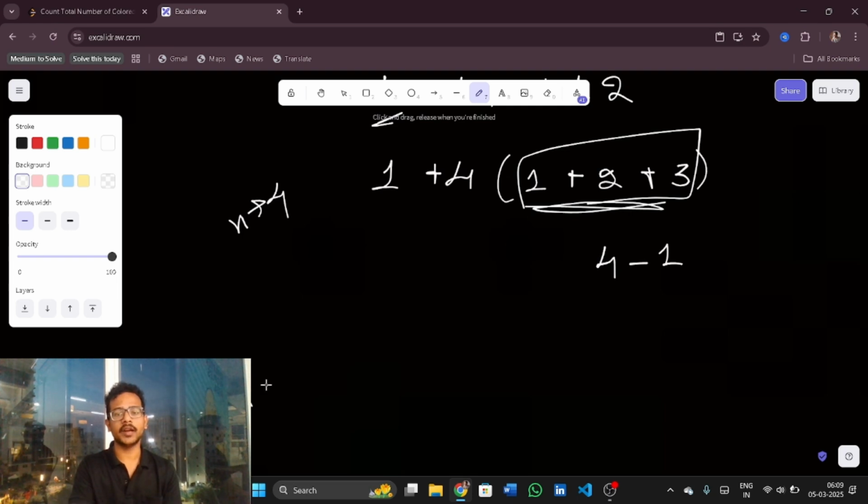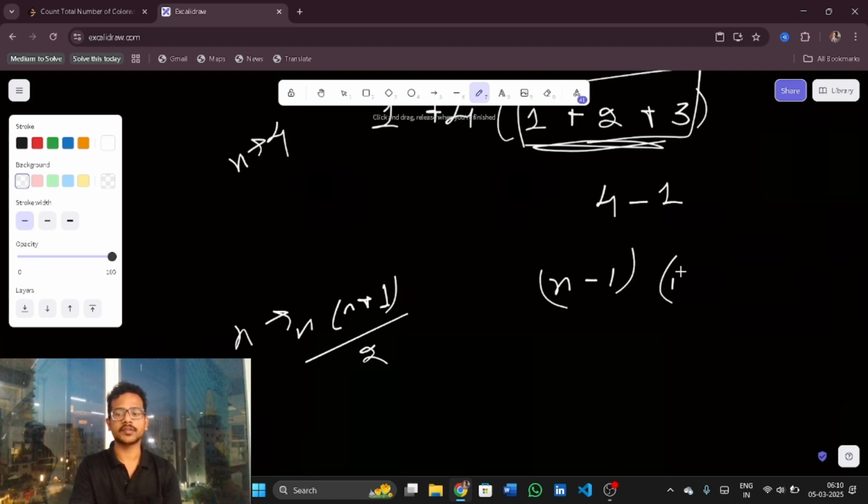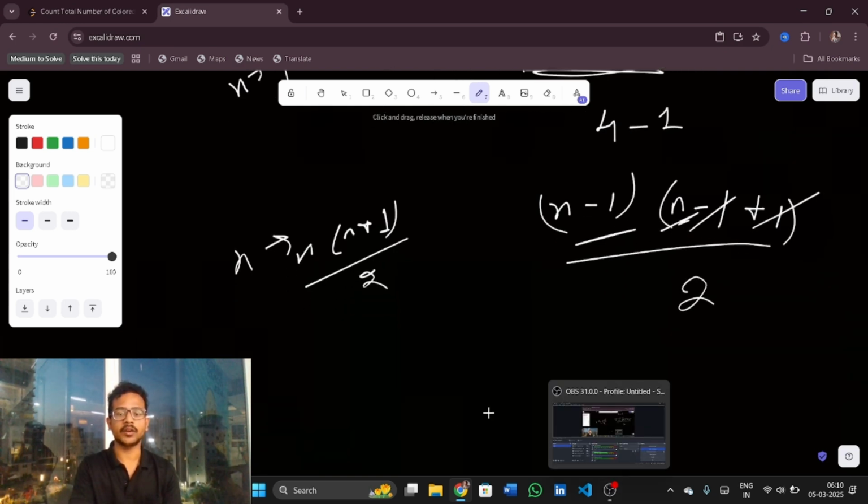For n, the sum of the first n elements is n into n plus 1 by 2. Now if I replace it with n minus 1, it would be n minus 1 into n minus 1 plus 1 by 2. So this would be cancelled out, and here it would be n into n minus 1 by 2.